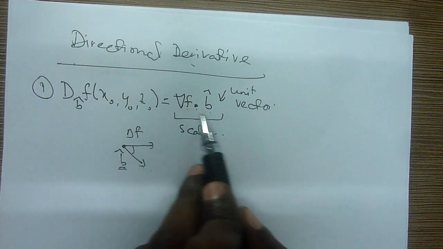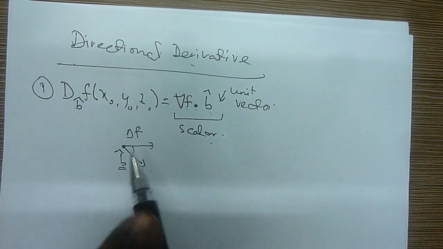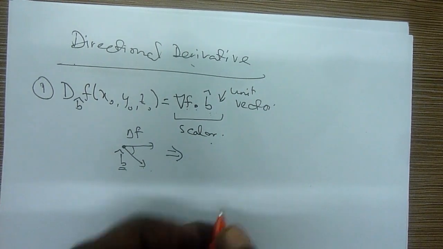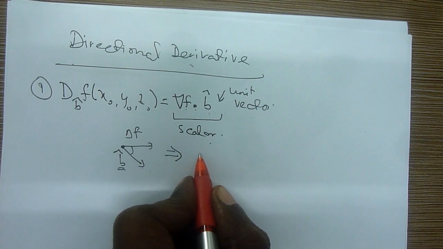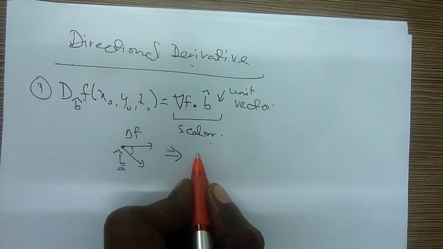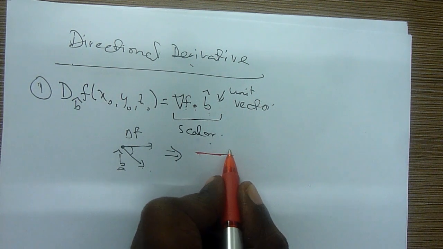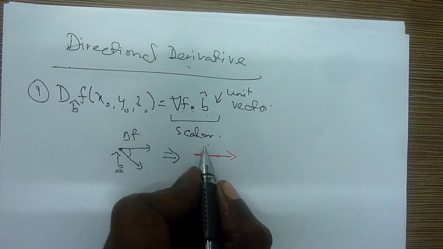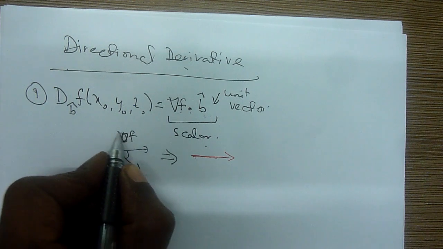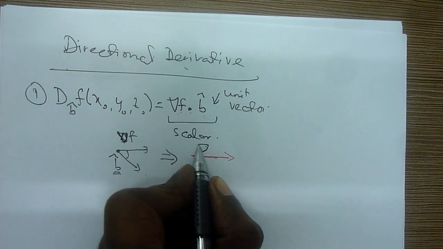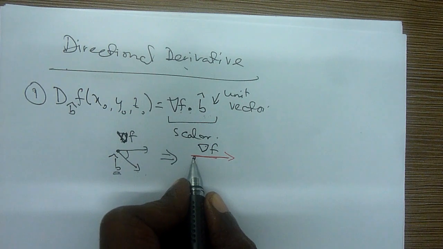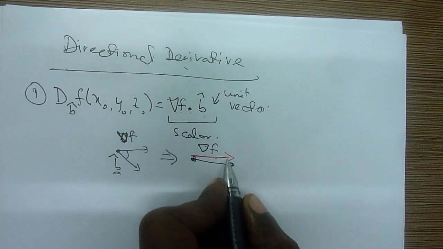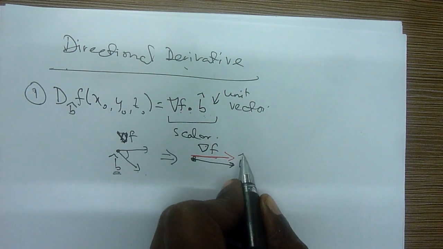Can I dot product? When I do the dot product with this, it means can I make both of them move in the same direction? Sorry, this is nabla. Nabla f moving in the same direction. I just want you all to see it in parallel.